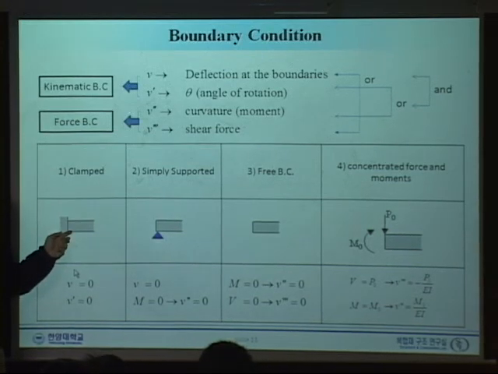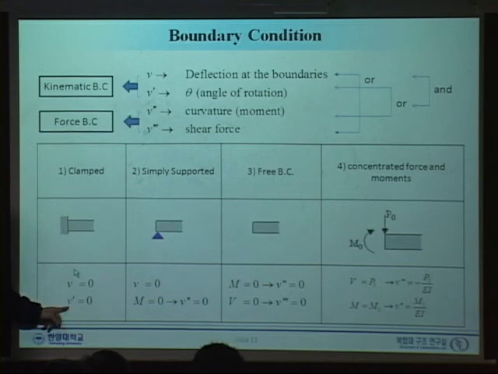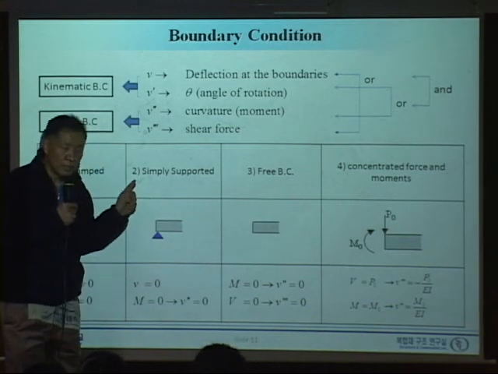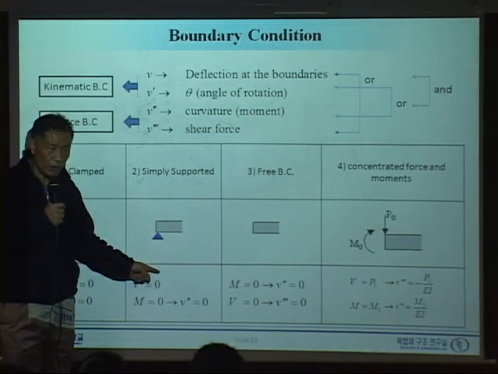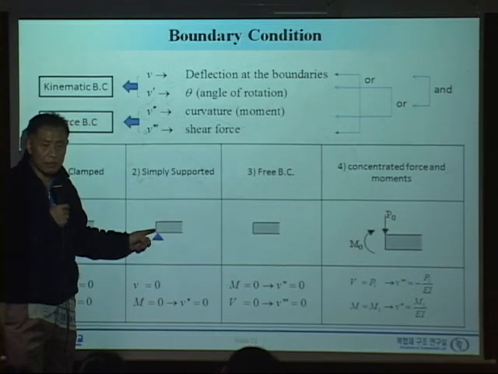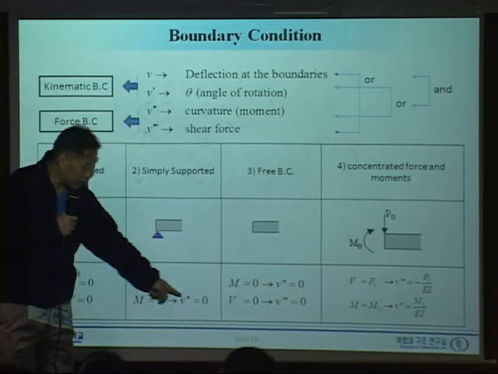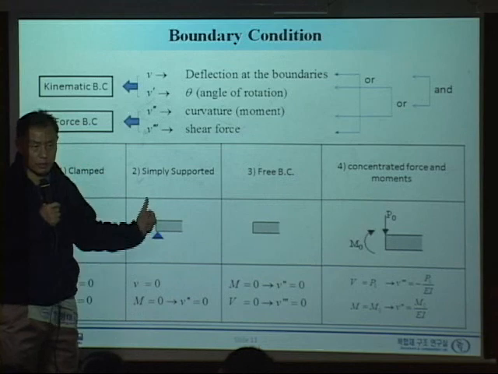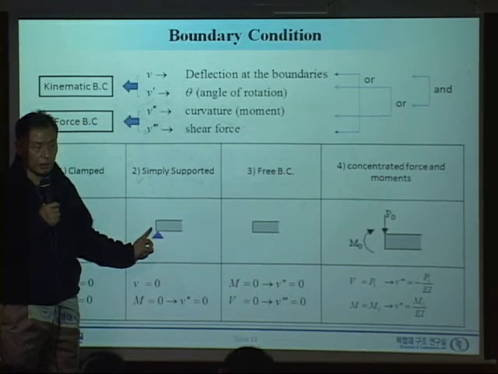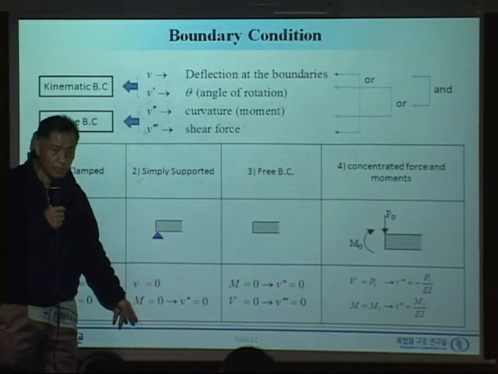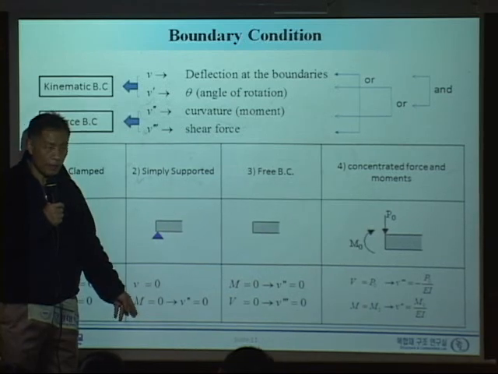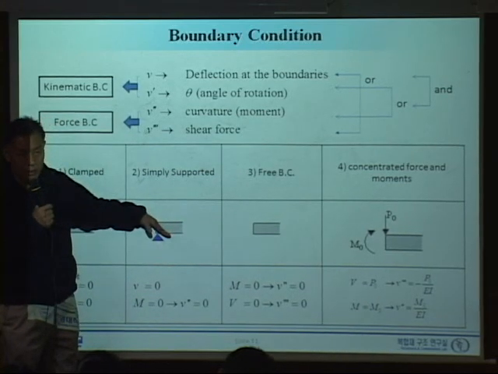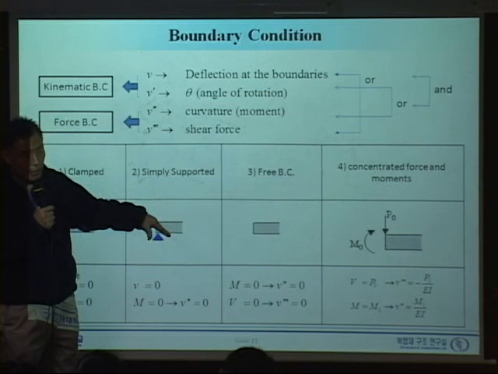But the known conditions are v and v prime. And here, deflection itself is 0, and moment is given, which is 0. How about the shear force? That's unknown. We cannot specify, right? How about the change of angle, which is unknown? We cannot specify.